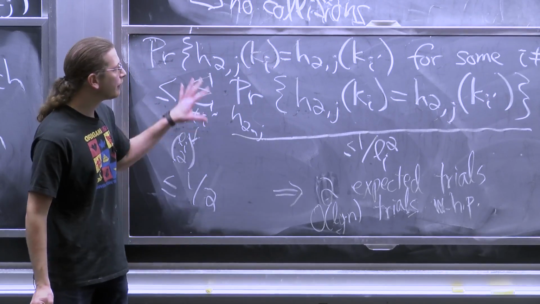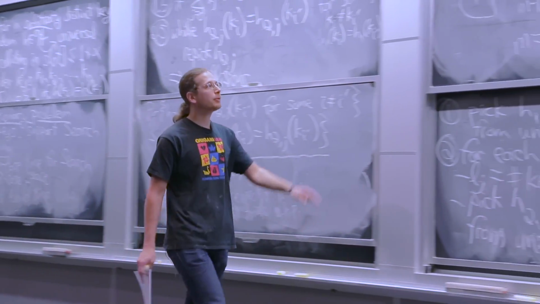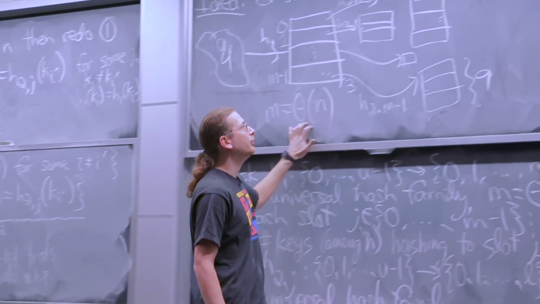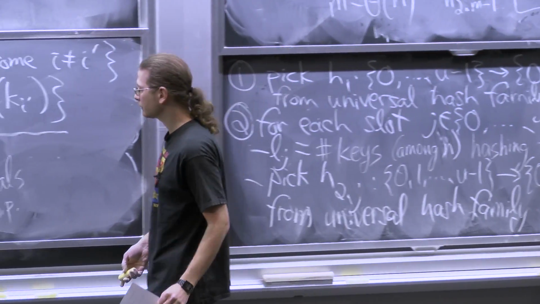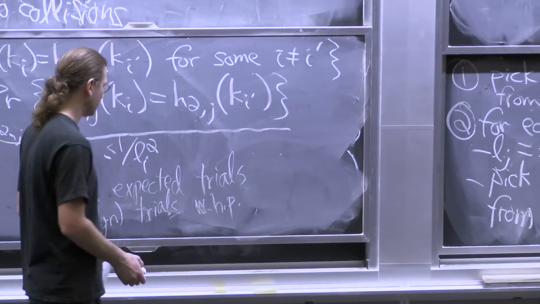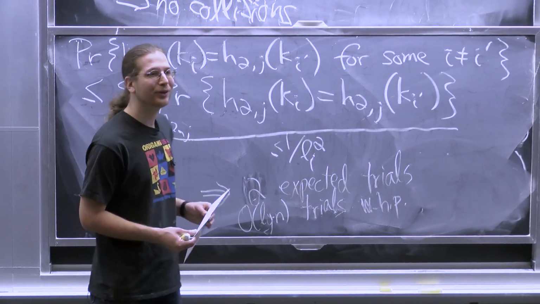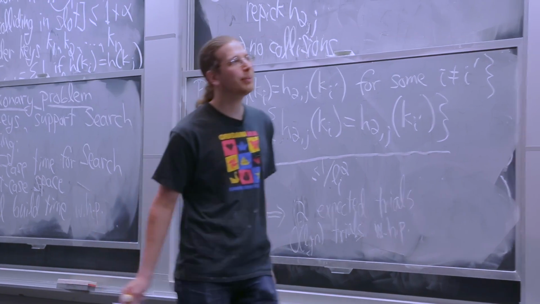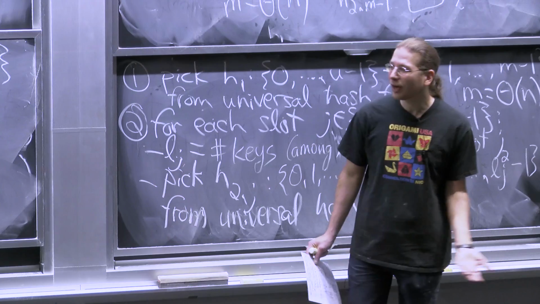OK, now we have to do this for each secondary table. There are m equal theta n secondary tables. And yeah, there's a slight question of how big are the secondary tables? If one of these tables is like linear size, then I have to spend linear time for a trial.